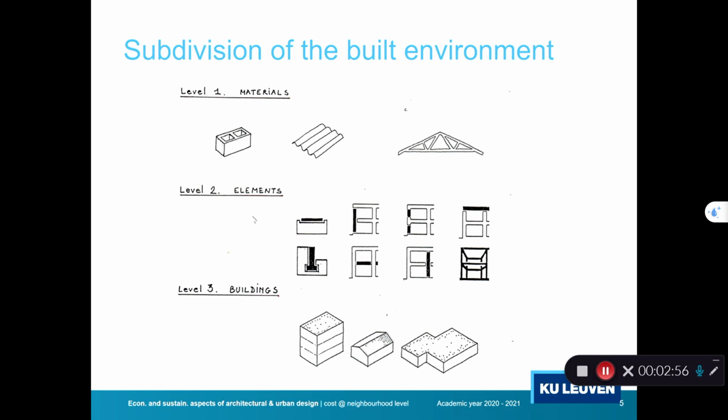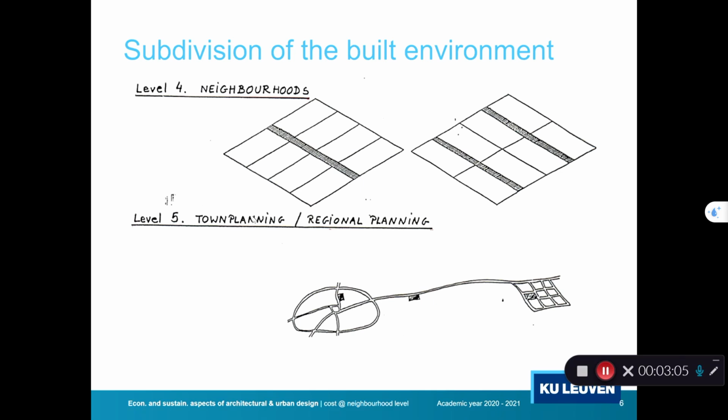This hierarchical subdivision of a building into smaller entities, we can also take the same approach but to the higher scale levels. So a neighborhood does not only consist of buildings but also consists of infrastructure, streets for example, but we also need ducts, we need the sewage system and so on.